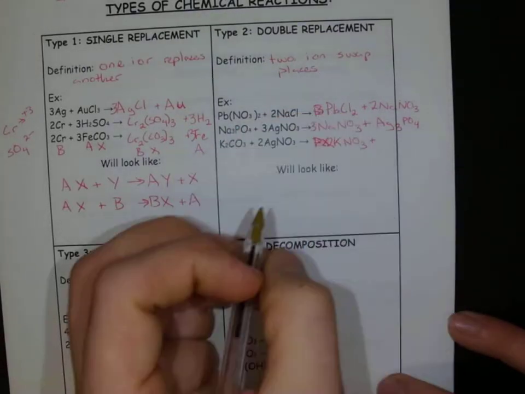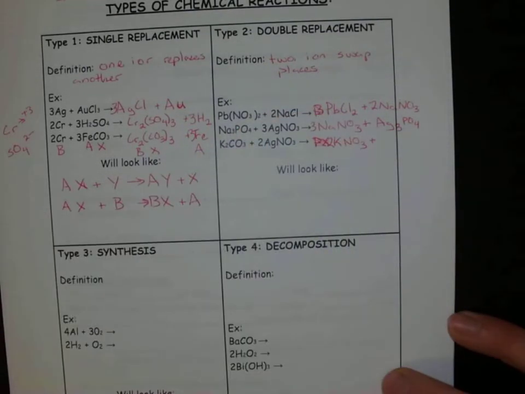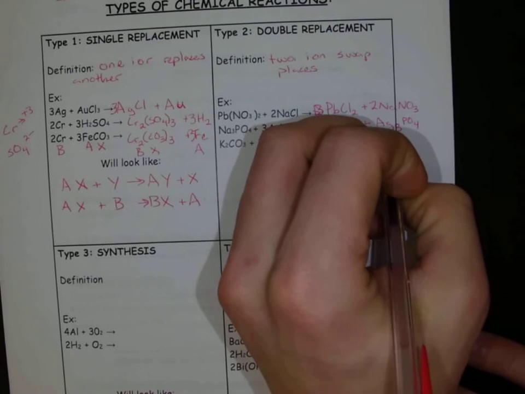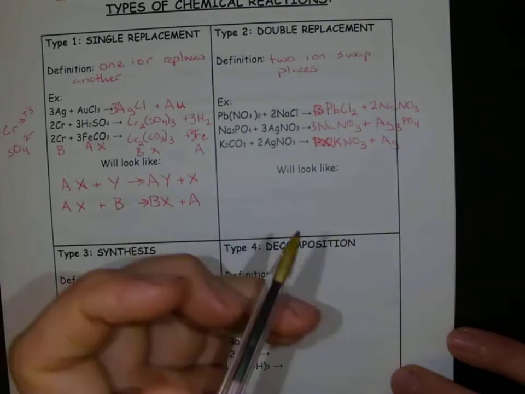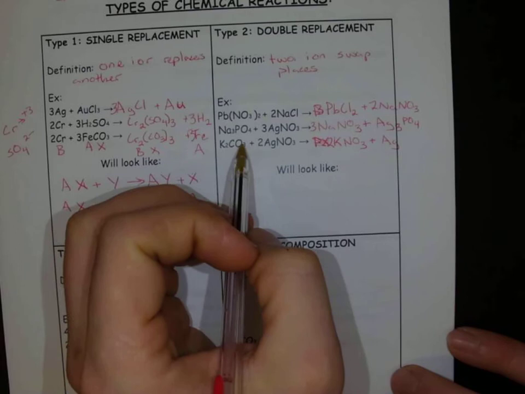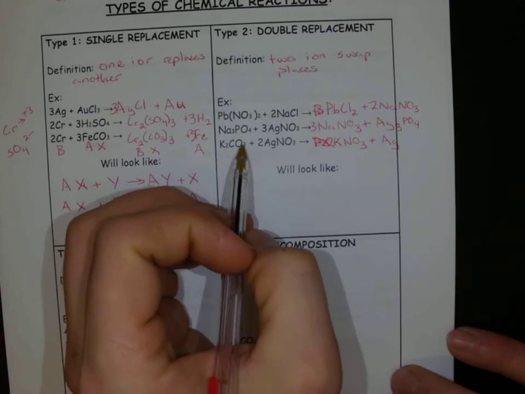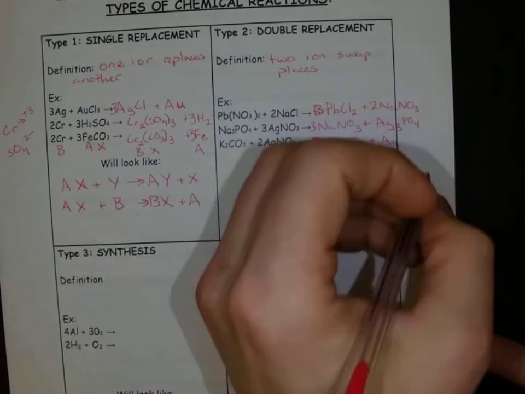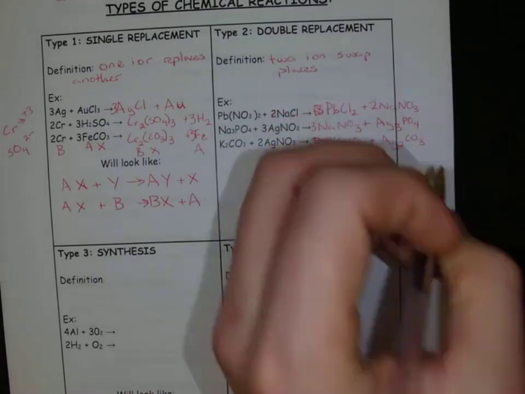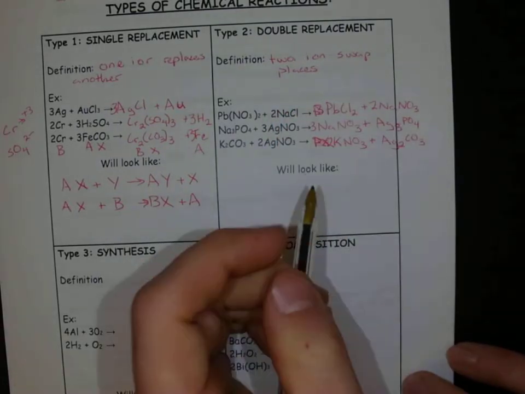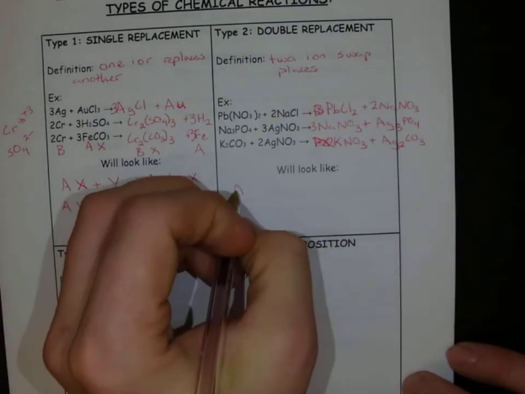And then I'm also going to have silver combined with carbonate. So silver, again, always has a +1 charge. Carbonate is CO3 2-, so I need 2 silvers, Ag2CO3.